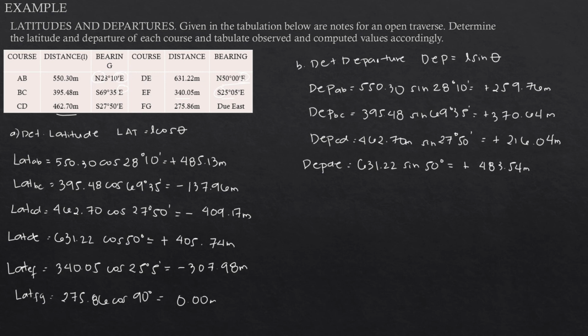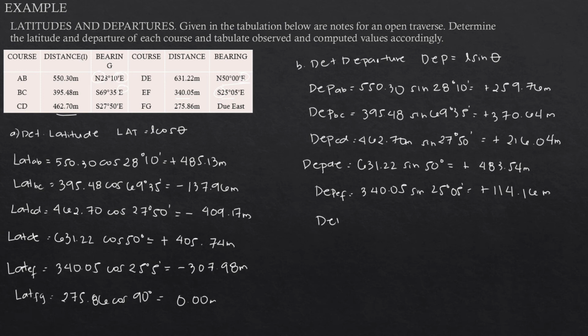Then, departure EF is equal to length natin na 340.05 sine 25 degrees 5 minutes. Okay. Is equal to, so east ulit, so positive 114.16 meters.